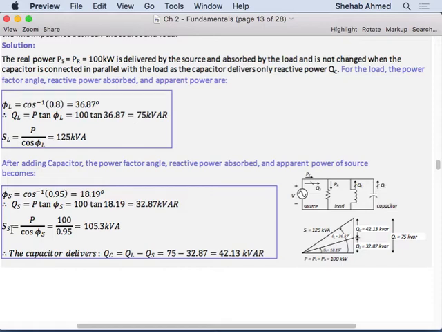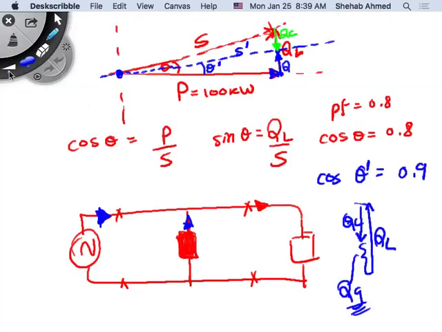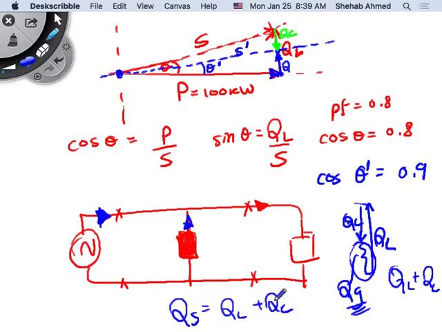And then if you know your new Q, your new Q is this QS after you improve the power factor. Then we said that given your new Q, this Q is equal to what? QL plus QC. So the Q provided by the supply or the generator now is equal to QL plus QC. QC is a negative number. We know that, right? So it's in the opposite direction of QL.